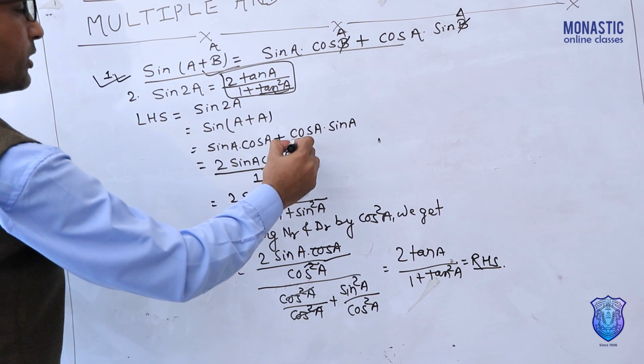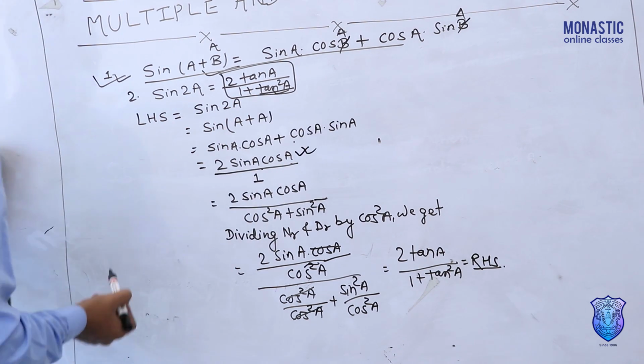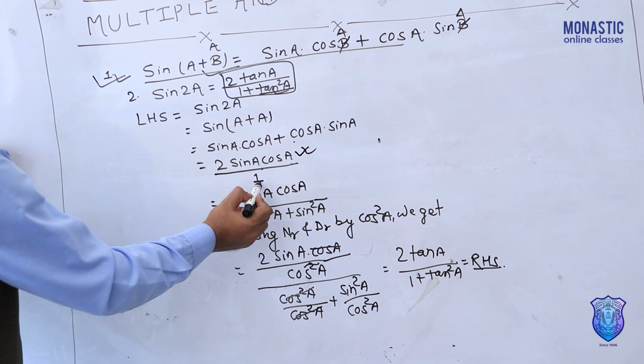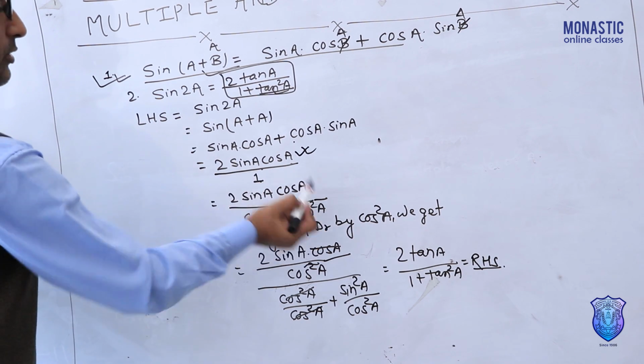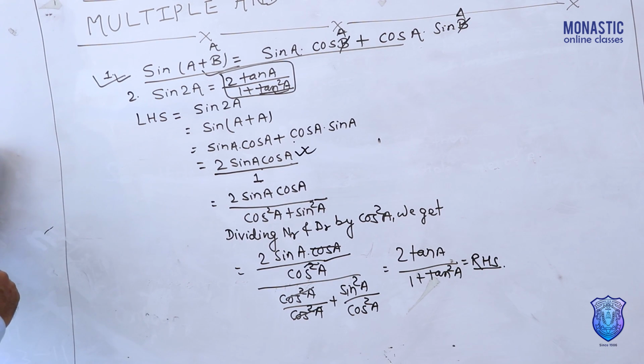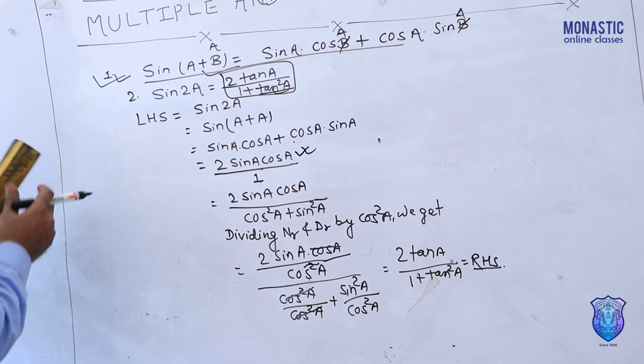Here we have learned the process to remember: in place of 1, we use cos square A plus sine square A, then we divide by cos square A.